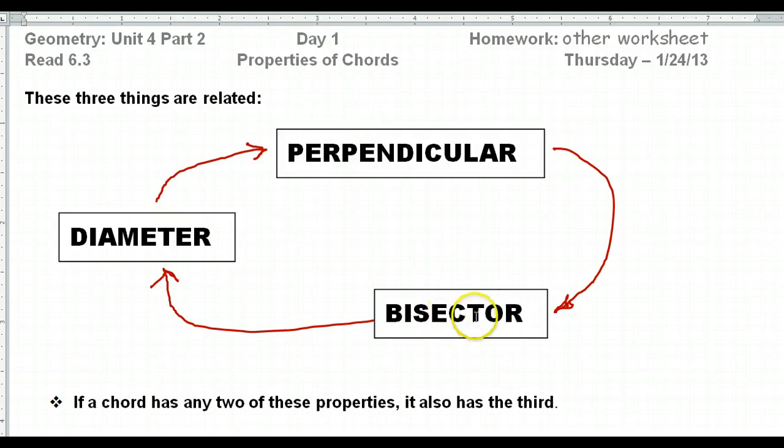Now, what does bisector mean? Bisecting is to cut something exactly in half. So bisector is going to be cutting some other chord right down the middle. And so what did I not say yet? If I have a diameter that is a bisector, then I can conclude it is perpendicular.